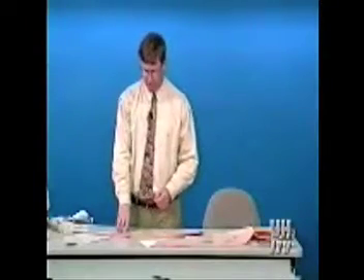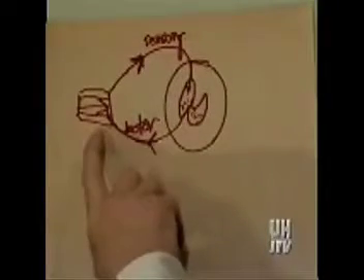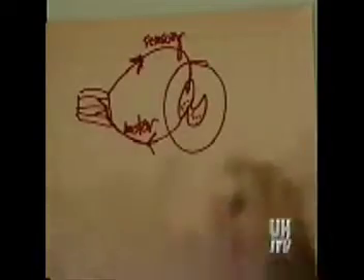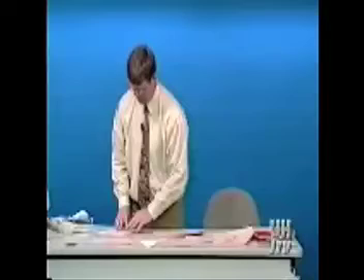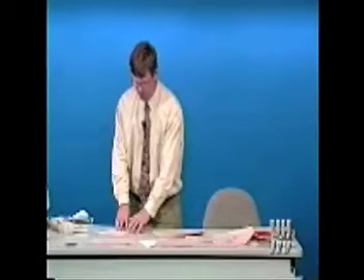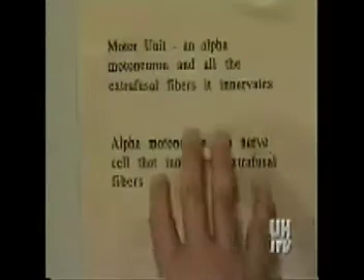So alpha motor neurons sit here in the spinal cord. Their axons go to extrafusal fibers, eventually causing contraction. So what's a motor unit? We take that alpha motor neuron and add into the package the extrafusal fibers associated with that particular alpha motor neuron.